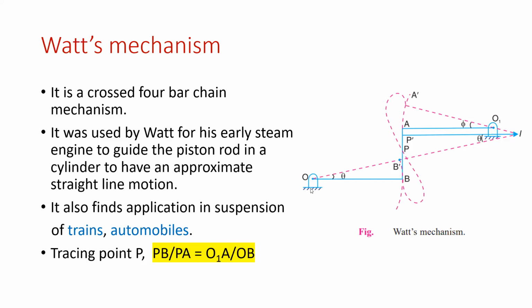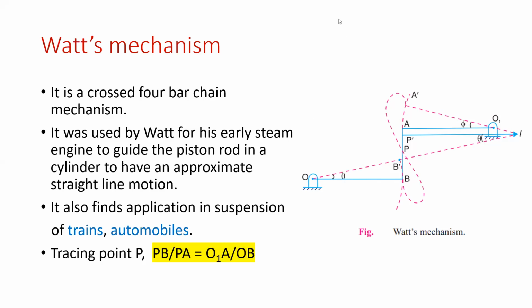The second link will be link OB. The third link will be AB, and the fourth link will be your O1A. It is a crossed four bar chain because the links here cross each other. That's why it is called the crossed four bar chain mechanism.